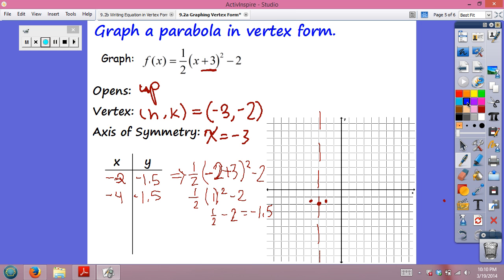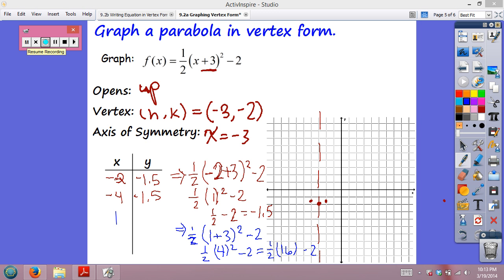If I plug in a +1 into my equation, I'm going to get 1/2 times (1 plus 3) squared minus 2. 1 plus 3 is 4, squared times 1/2 minus 2. 4 squared is 16, so 1/2 times 16 is 8. 8 minus 2 equals 6.